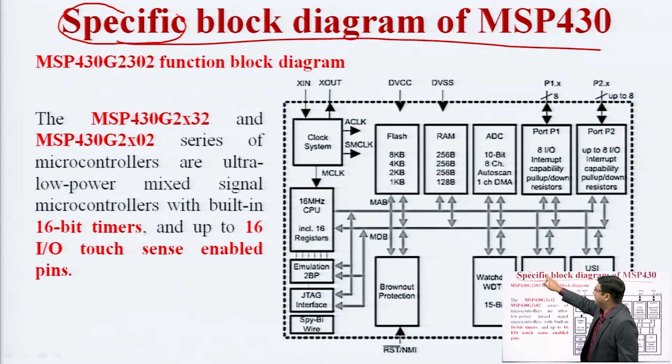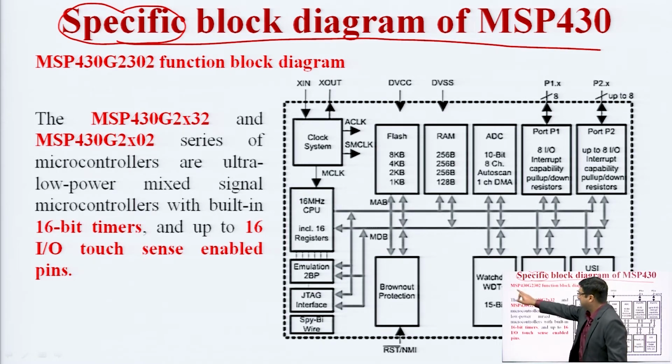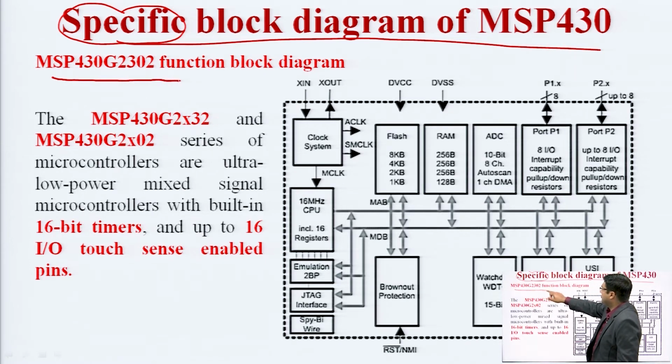It means dedicated to some task, with a particular set of functions. The general block diagram was used for general purposes, and there are various members in the family of MSP 430 architecture. Today we will discuss the specific block diagram, the MSP 430 G2302 functional block diagram.